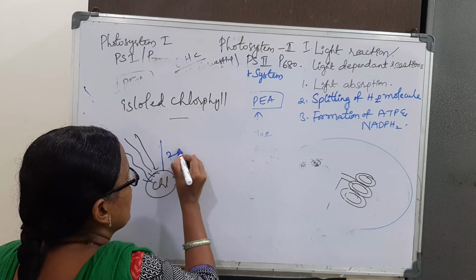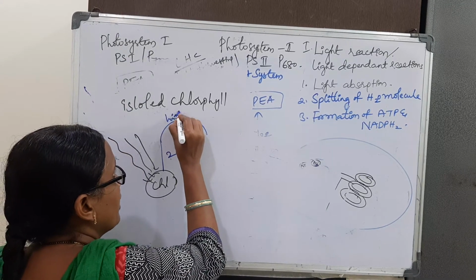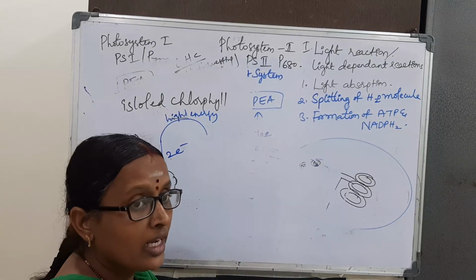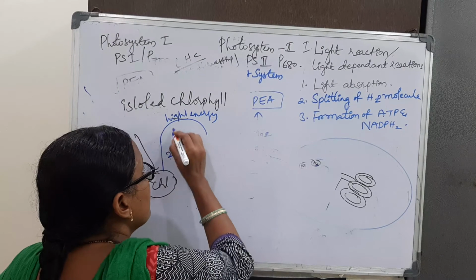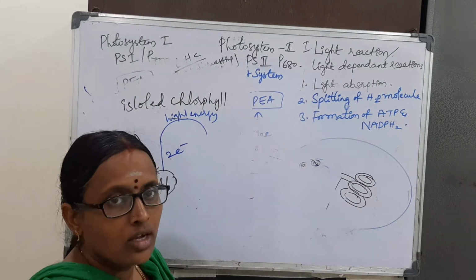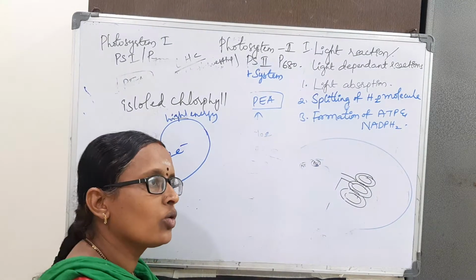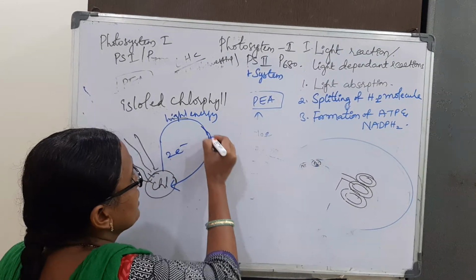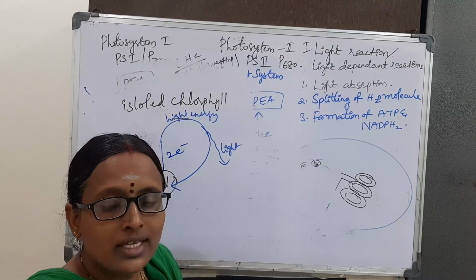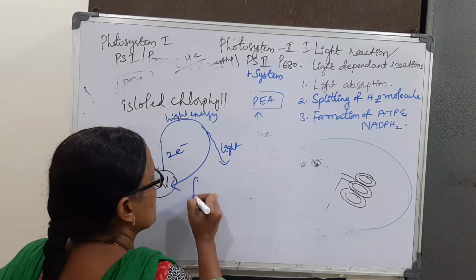So it releases an excited electron with a high level of energy, but there is no complex to take this electron. Ultimately it comes back to the reaction center, to the chlorophyll pigment. While coming back, it releases energy in the form of light. This process is known as fluorescence.